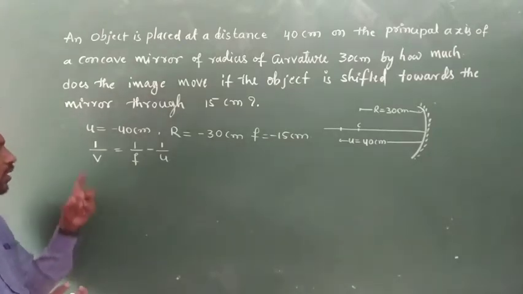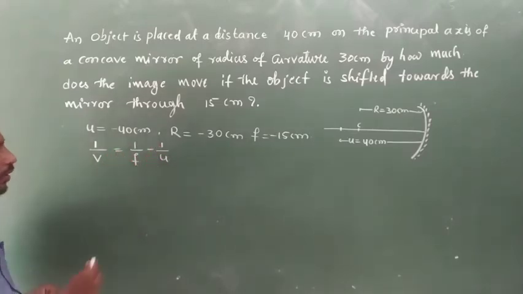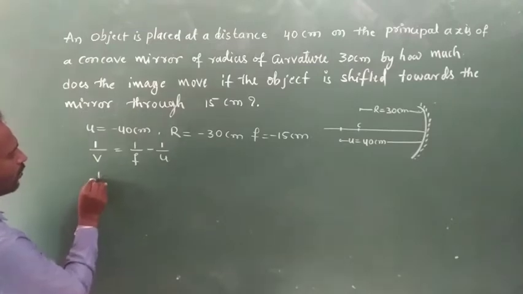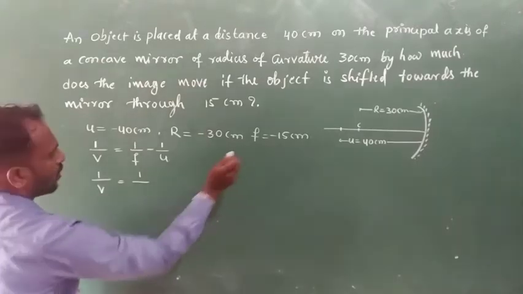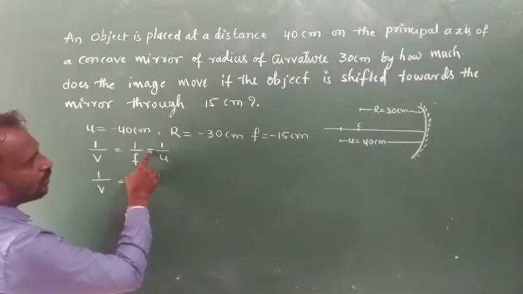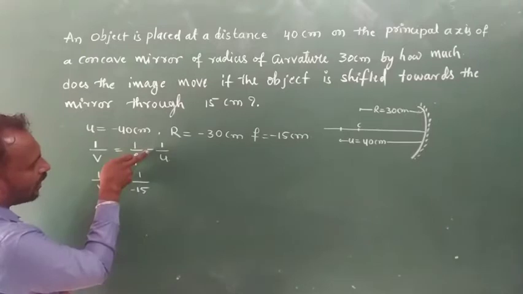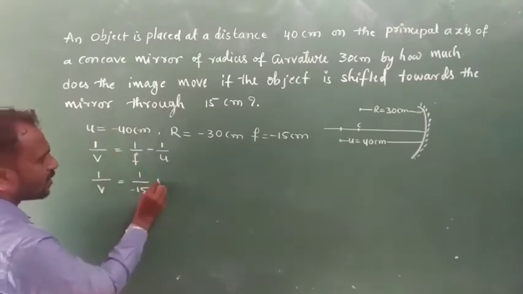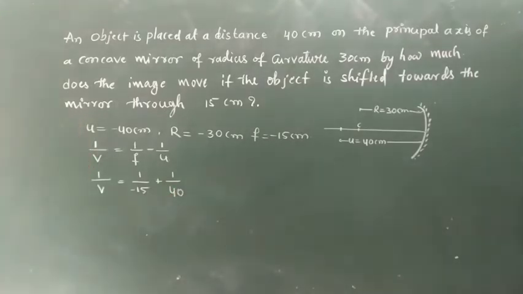So 1 by v is equal to 1 divided by minus 15, minus 1 by u, object distance minus 40. Minus into minus is plus, so 1 by v is 1 divided by minus 15 plus 1 divided by 40.